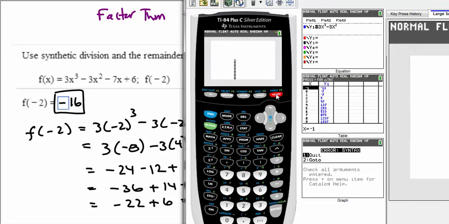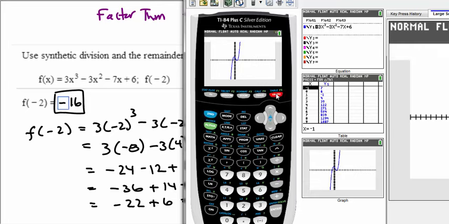Now if you want to graph this you can, but really we're more interested in the table. Okay, there's our third degree polynomial. Now let's go second table, and I want to look at -2 here. That's specifically what I'm interested in.